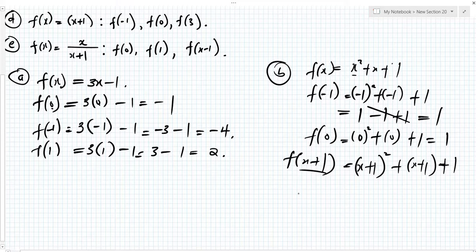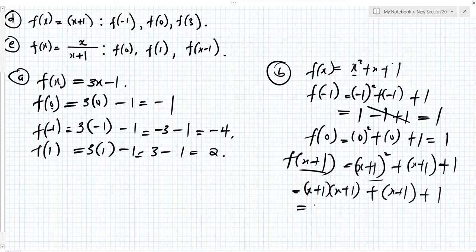Now if we expand this, you have x plus 1, x plus 1, x plus 1 plus 1.